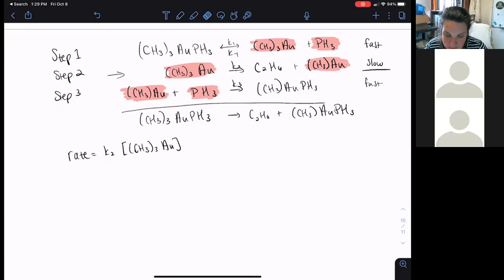Why did you use that one? Because that's our slow step. And it's the reactants, correct? Yep, it's always a reactant. This one's going to be complicated.